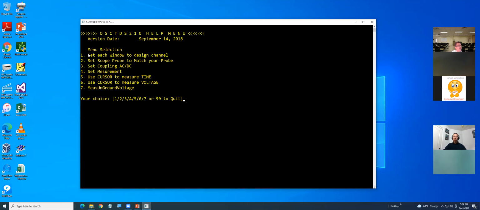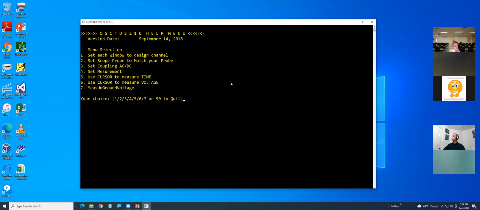That means everything here is how to set coupling, AC/DC, set the measurement, use the cursor to measure the time, or use the cursor to measure the voltage. Only one thing, do you know what number 7 is? They say measure ungrounded voltage.